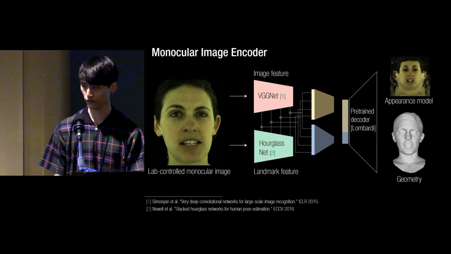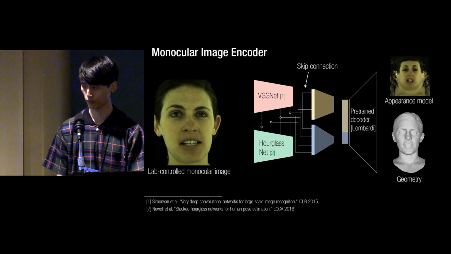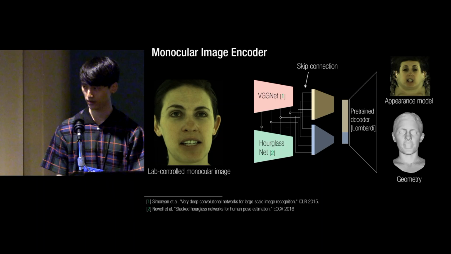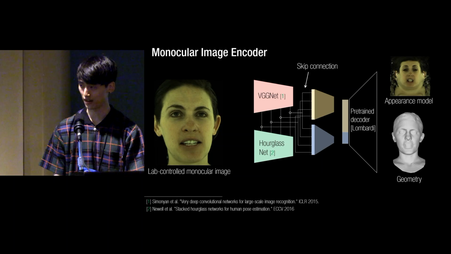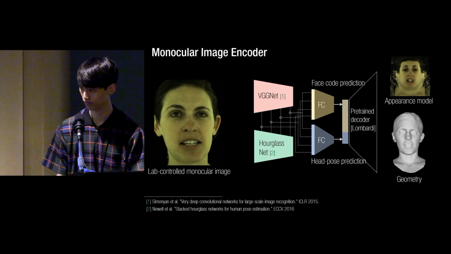The extracted features are combined through the skip connection such that we can consider the global and local features at the same time. And finally, these features are then regressed to the latent representation of the 3D face code and head pose parameters.